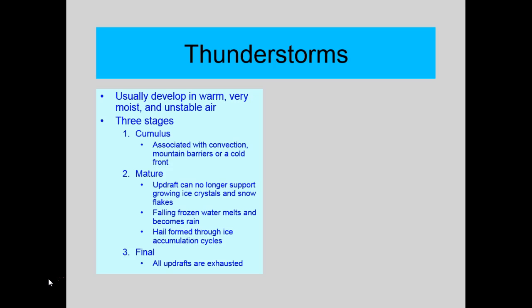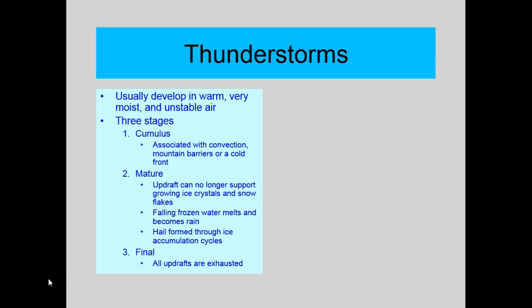Did I go two slides? Okay, I did. Thunderstorms usually develop in warm, very moist, and unstable air. Okay? Three stages. They love three stages, don't they? The first is a cumulus, and this is associated with that convection you have going on.